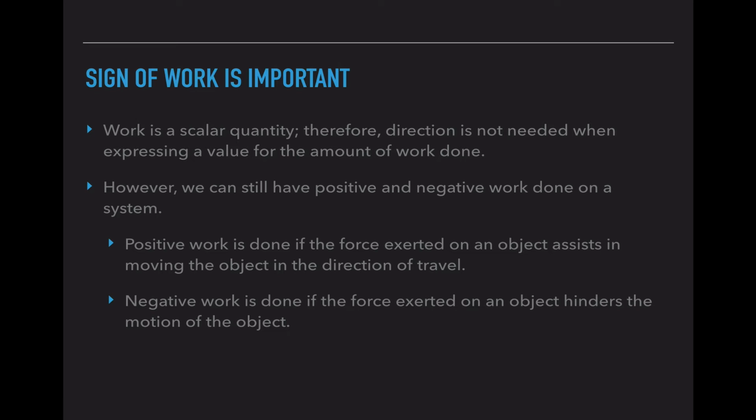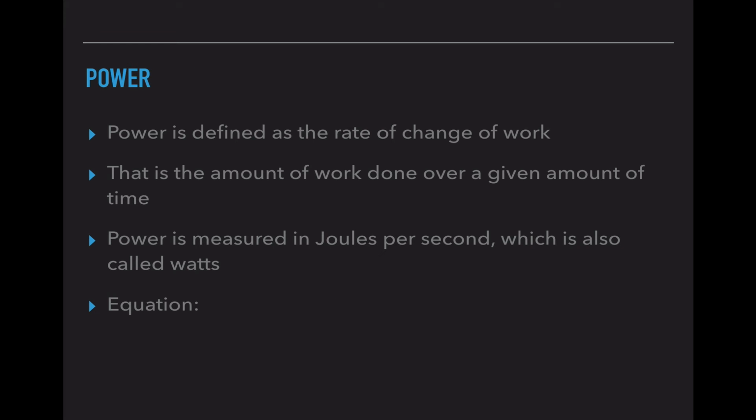So for example, if you go on the wrong direction of the moving sidewalk, it takes a lot more effort of you in order to get to where you're going because the work is working against you. That would be considered negative work. Friction is also considered negative work because it slows an object down. So sign, when it comes to work, does not mean direction. It means, is it adding to the system or taking away from the system?